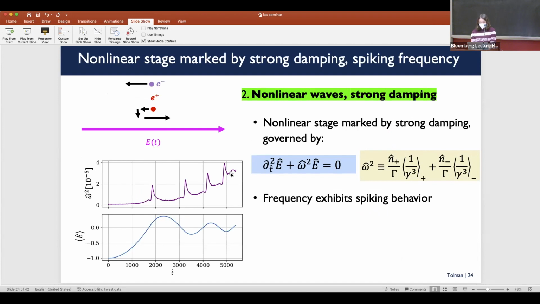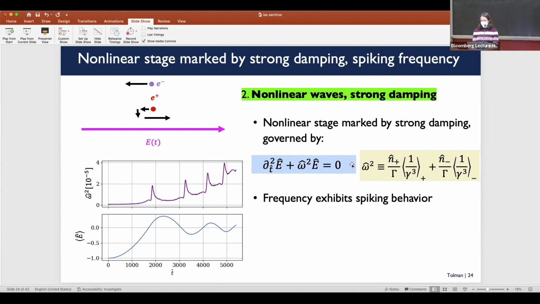All right, so after that, we're going to enter our nonlinear stage marked by strong damping. Here on the bottom left of the slide, I'm going to plot the value of the normalized electric field amplitude, right? You can see it starts negative and then goes like that. If we want to know how this electric field evolves, we return to our equation in blue.